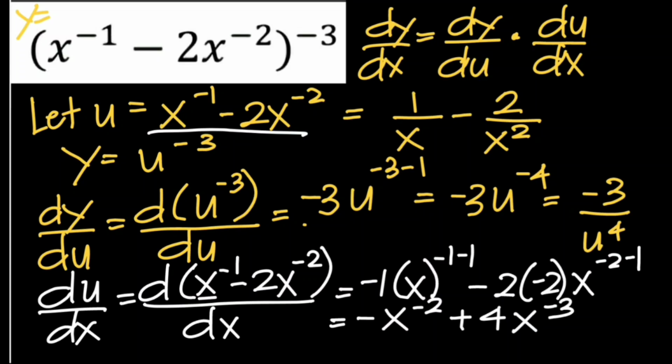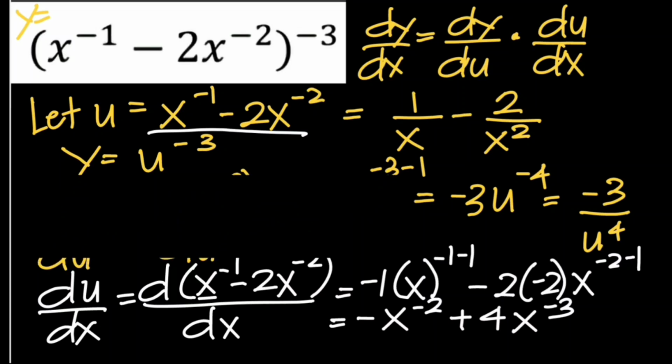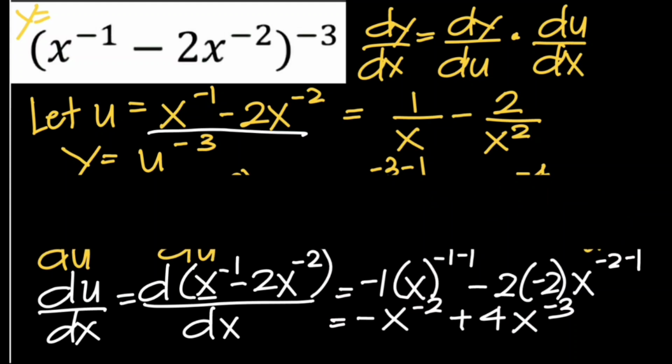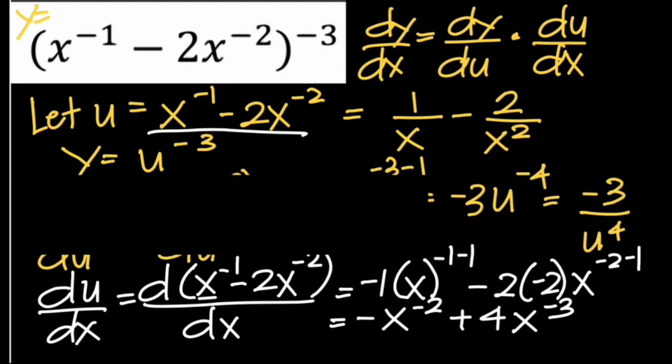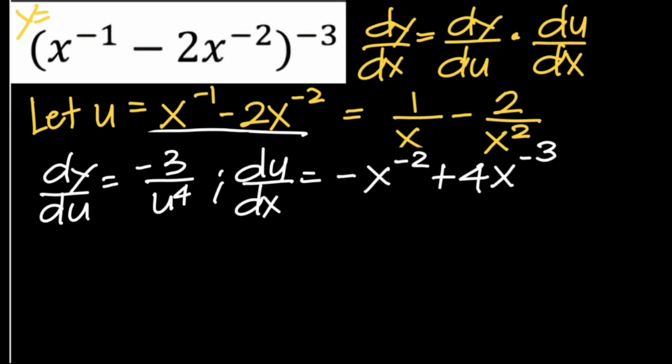All right. So we already have dy over du and du over dx, and we can solve for dy over dx. We just plug in everything. Now let's recall our dy over du is just equal to negative 3 over u to the 4th, and du over dx is equal to the negative of x to the negative 2 plus 4x to the negative 3.